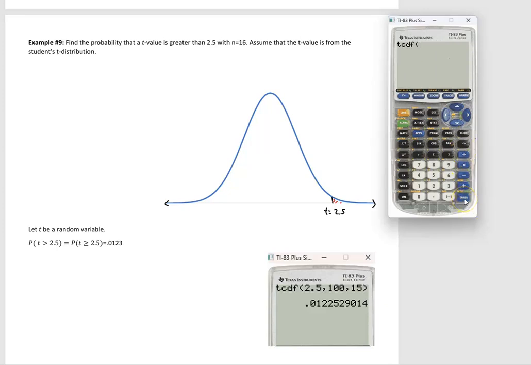Since it goes all the way to positive infinity, we want to use 2.5, and then your upper bound, 100 would be perfectly fine. Then don't forget the actual degrees of freedom. That's going to be 15. And in this case, 0.0123 if we round to 4 decimal places.